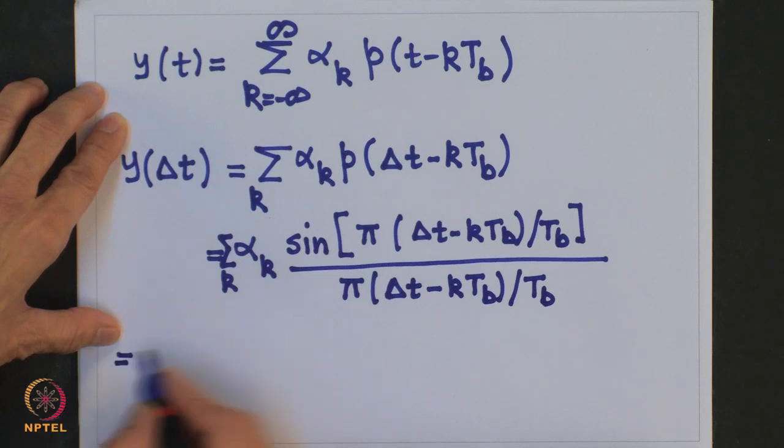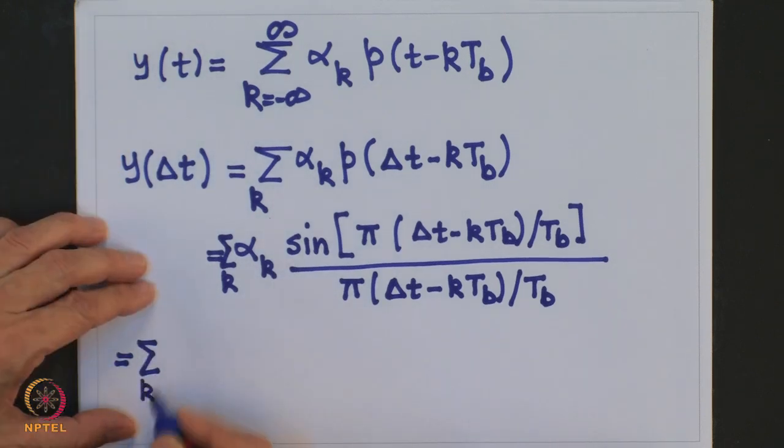This I can rewrite as the summation over all k's of alpha k.